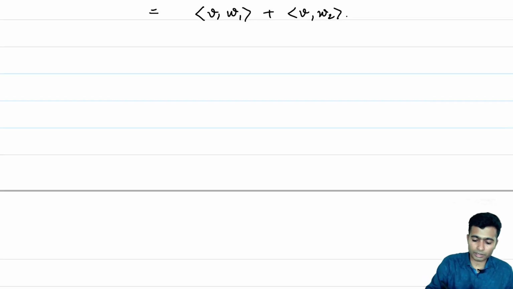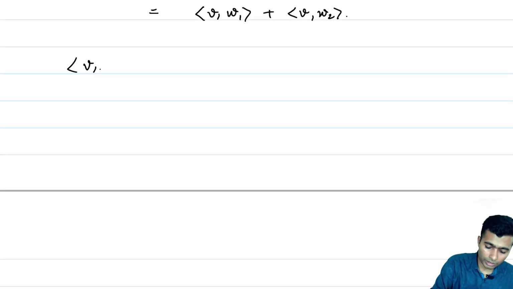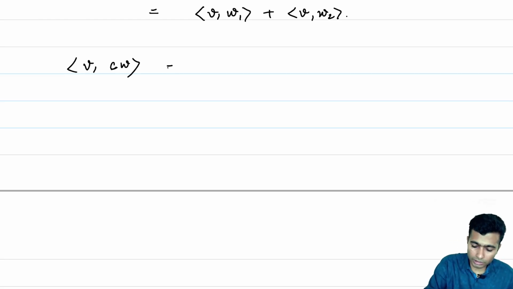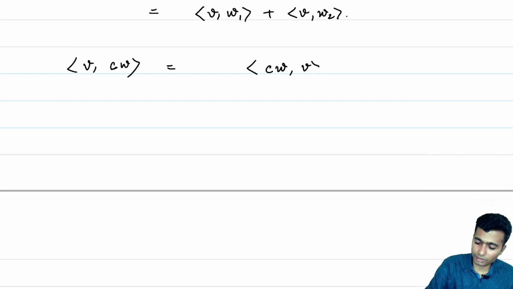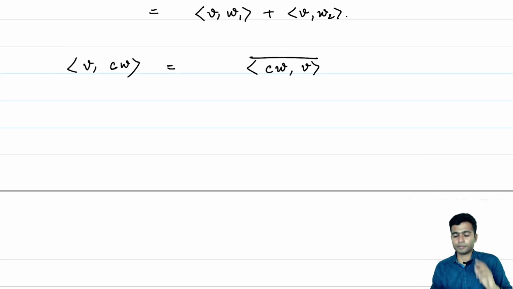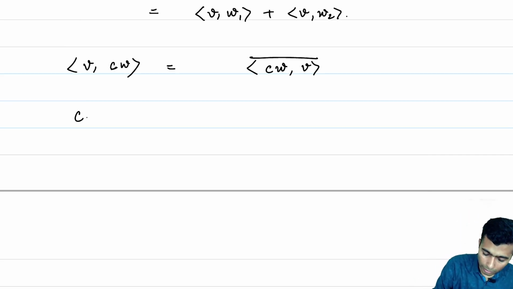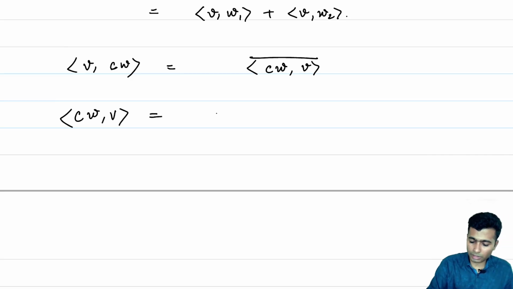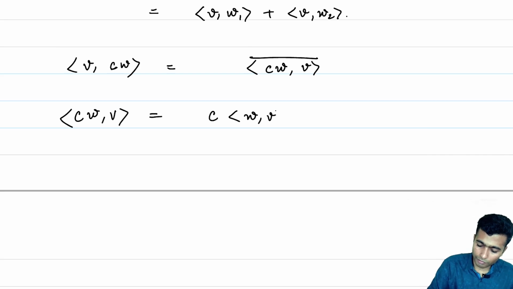How about the second one? It's very similar. The techniques are very similar. Let's look at ⟨v, cw⟩. This is just the conjugate of the inner product of cw and v. But what is the inner product of cw and v? This is nothing but c times the inner product of w comma v.